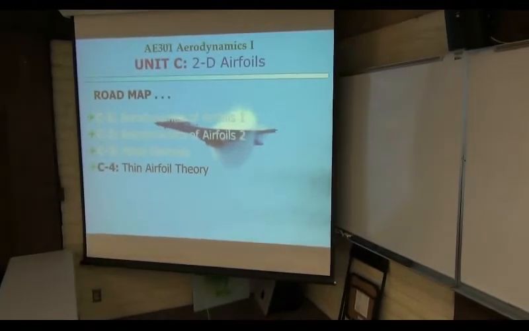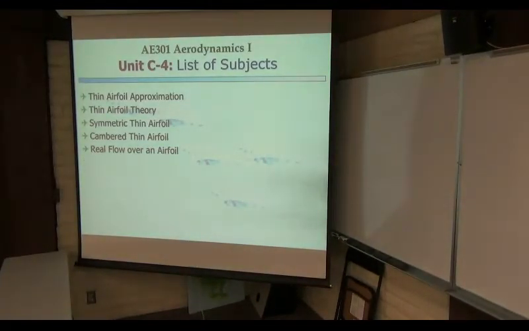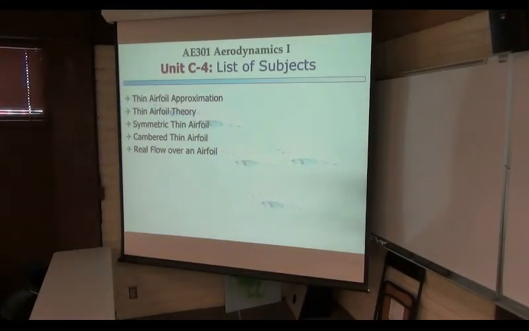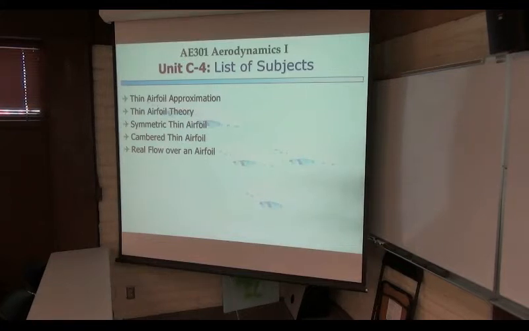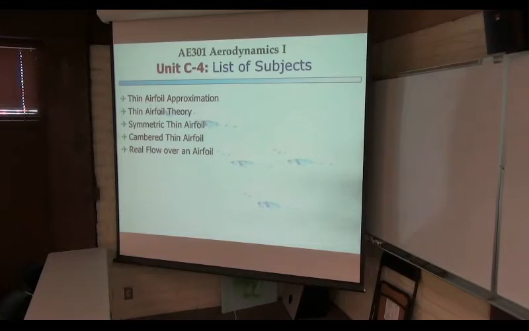Okay, everybody, let's take a look at Unit C for thin airfoil theory. In this unit, we are going to take a look at a very fundamental method of airfoil analysis, something called thin airfoil theory. This is based on the vortex panel method in Unit C3, but it's actually a simplified version of the vortex panel method.